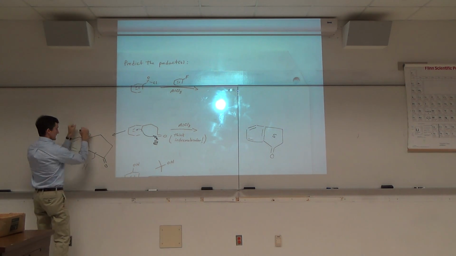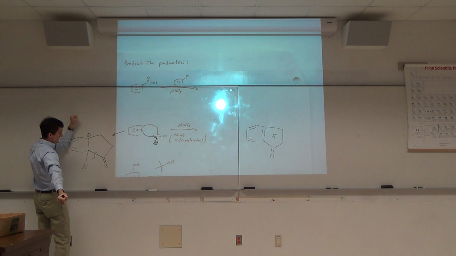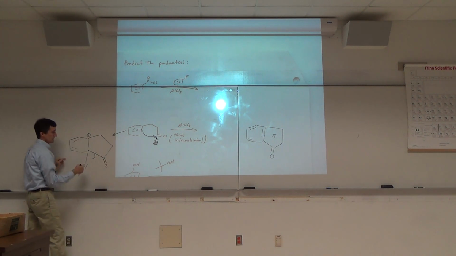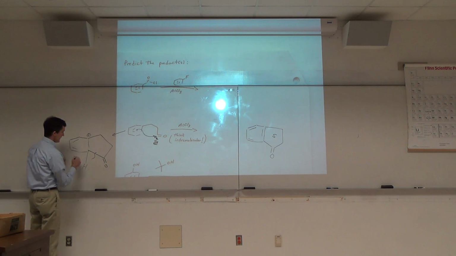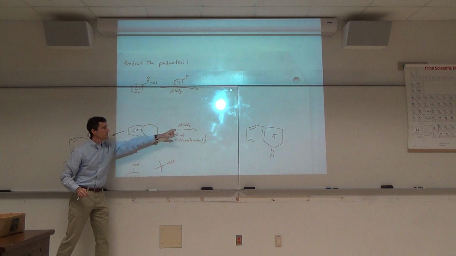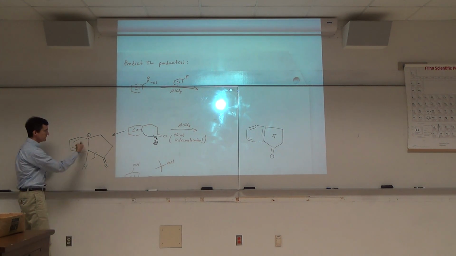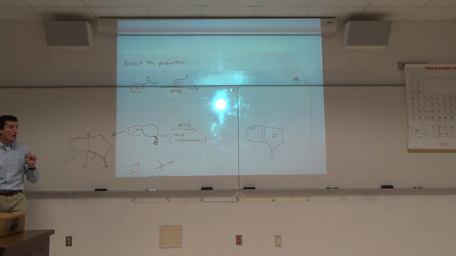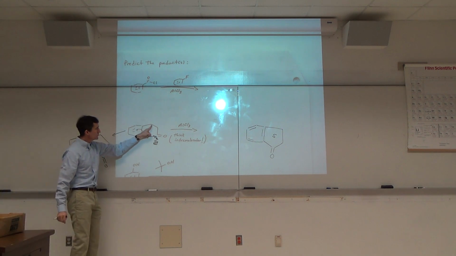Positive. Like the pi bond attacked, but that's positive. And there's an H down here. And then from there, the chloride, it's the same thing as before, takes the H and restores the aromaticity. What type of director is this group?